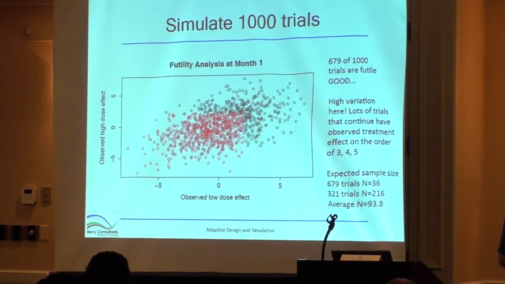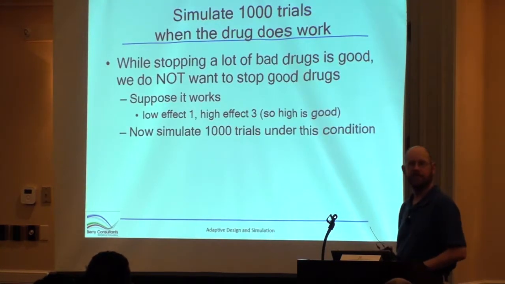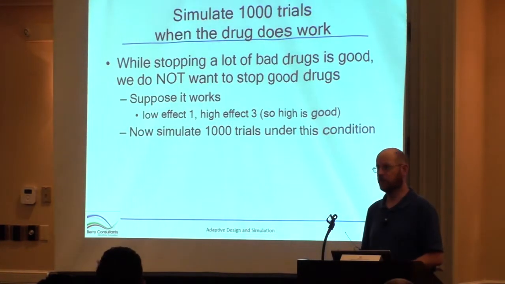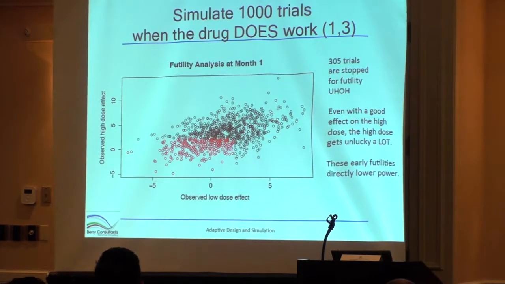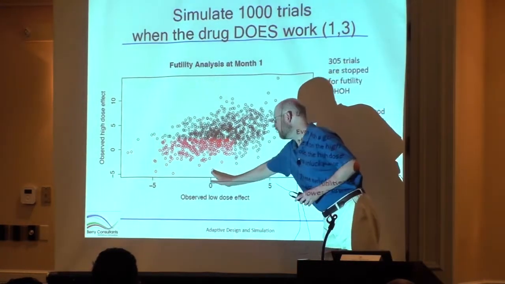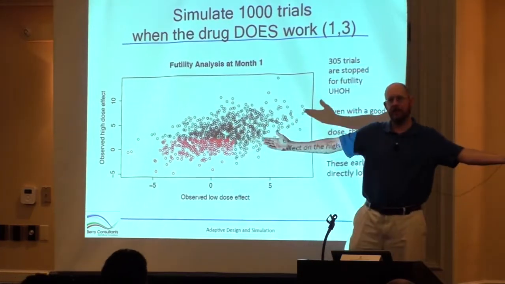There's a flip side to that. Suppose my drug does work. If it does work, I don't want to declare futility because the drug works. And it turns out in this case, these points, they're shifted a little bit. So remember, when the drug works, the low dose effect averages at 1, but with a lot of variability.